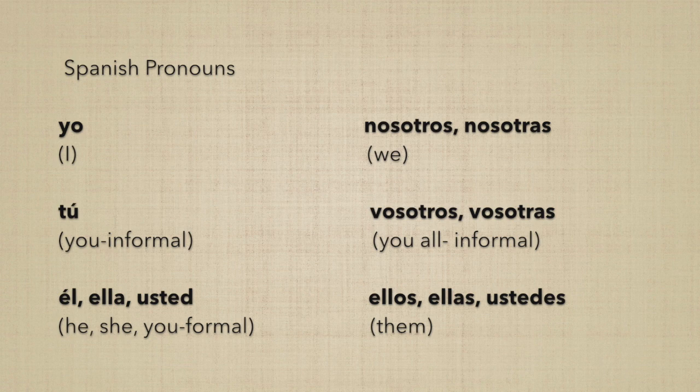First, we have yo, which means I, tú, which means you in the informal sense, él, ella, and usted, which are he, she, and you formal. Then there is nosotros and nosotras, which mean we, vosotros and vosotras, which mean you all, informal, and finally, ellos, ellas, and ustedes, which mean them.